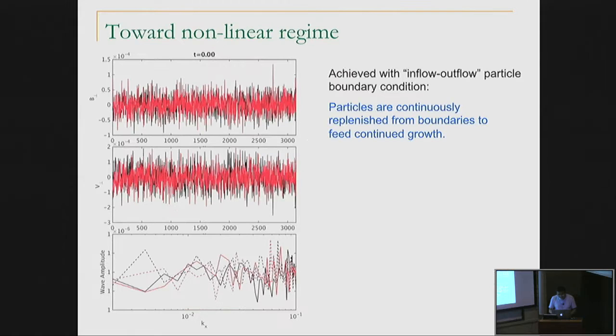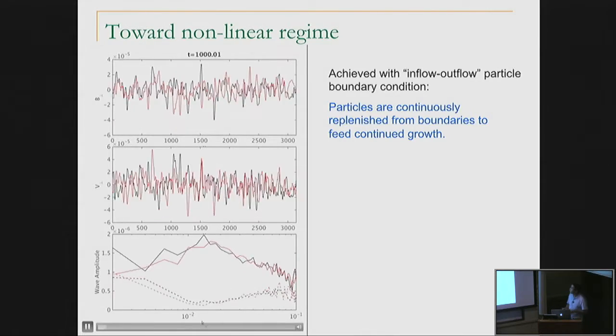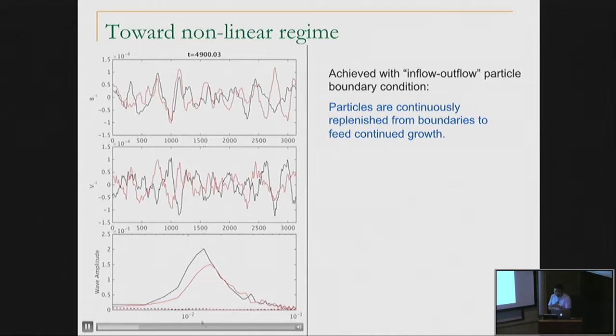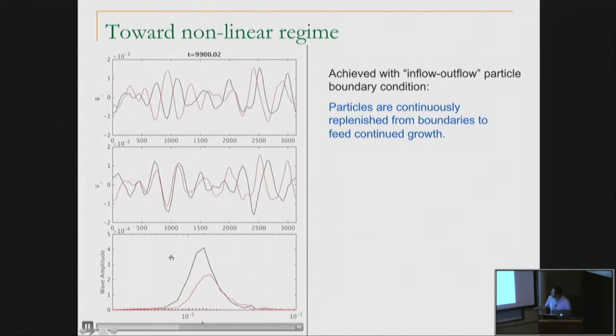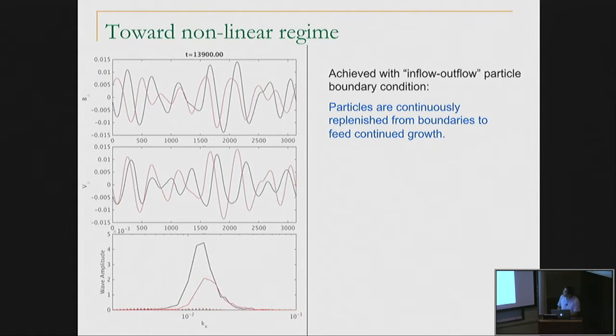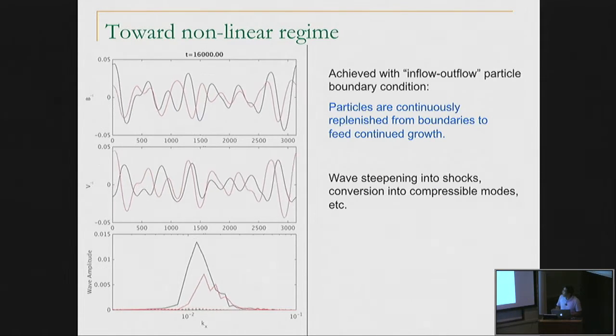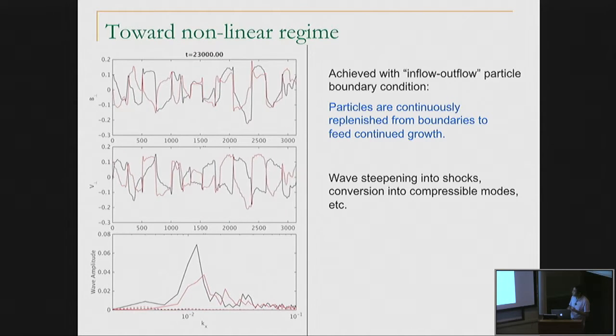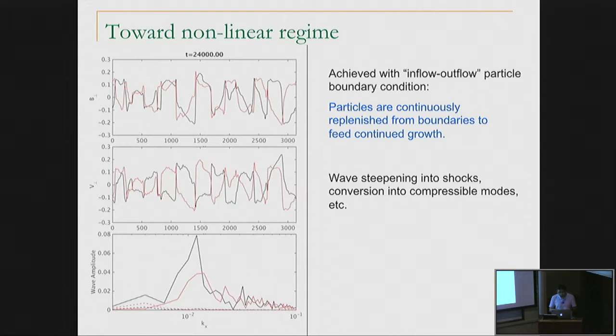We can also follow this instability to the nonlinear stage. We can follow the growth all the way to nonlinear. Okay, so it's still growing, corresponding to conversion of Alfvén modes into compressible modes, and so on.